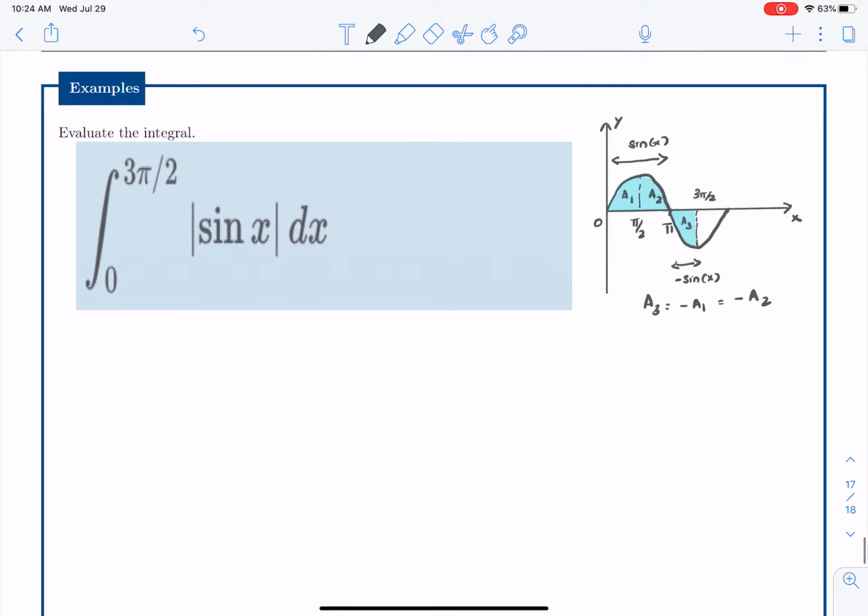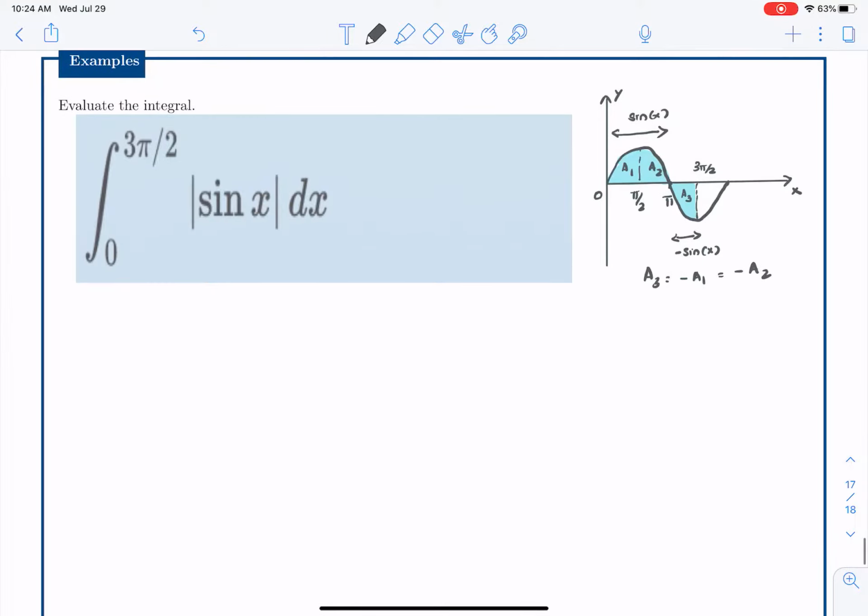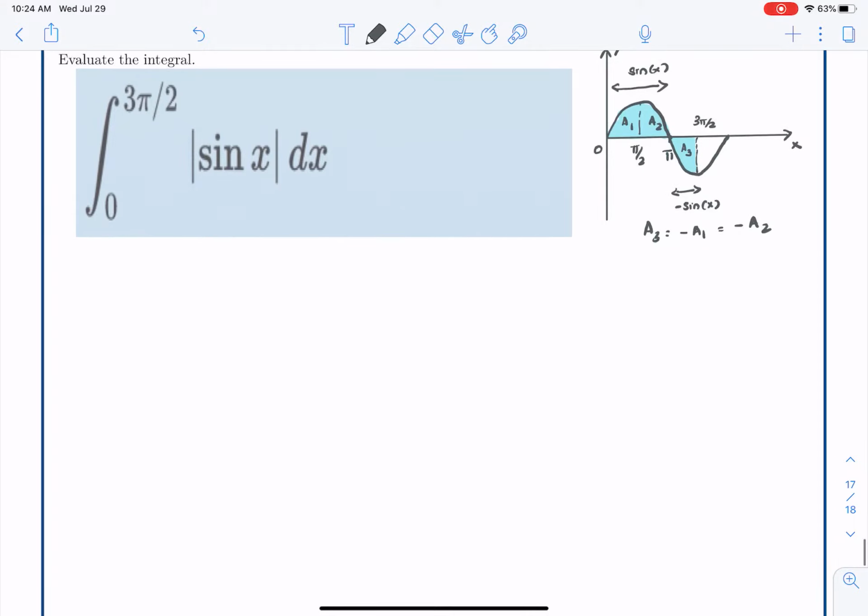So since we have an absolute value of sine x, there are multiple ways to approach this problem.